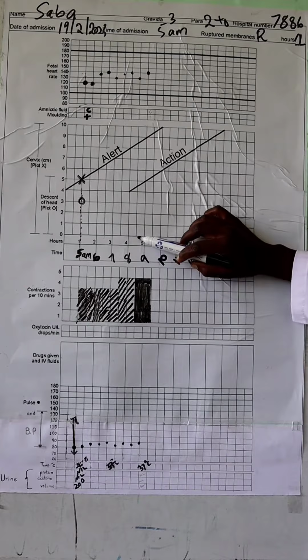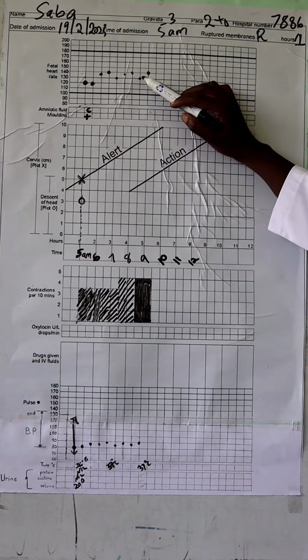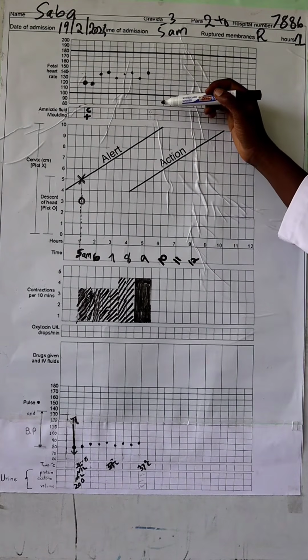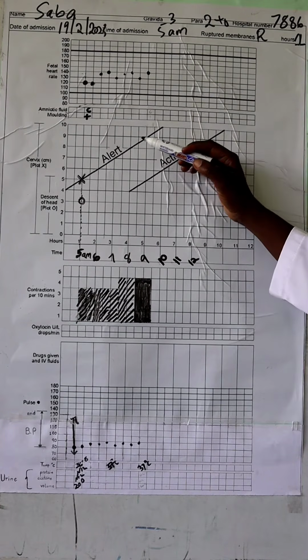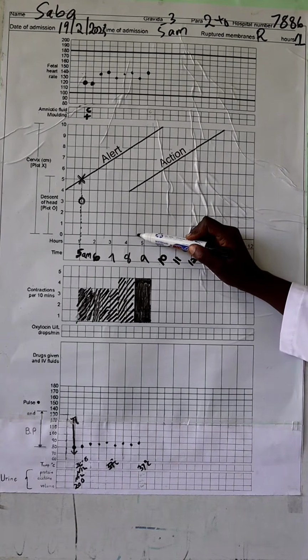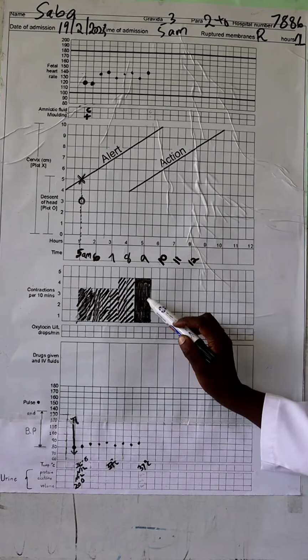At 8:30 a.m., here it is, the fetal heart rate is at 130 beats per minute. Here we are. And then the contractions now, in this case, they are 4. At 8:30, we have 4 contractions in 10 minutes, which last 45 seconds. So this is a strong contraction, as you can see here, and we have 4 of them.